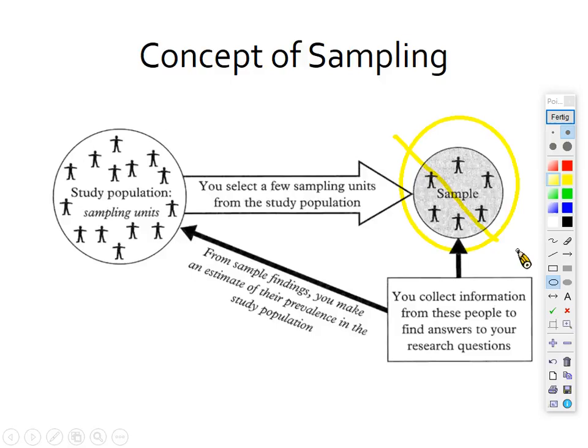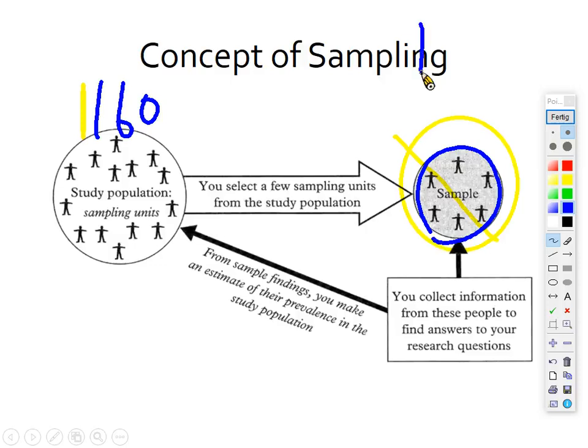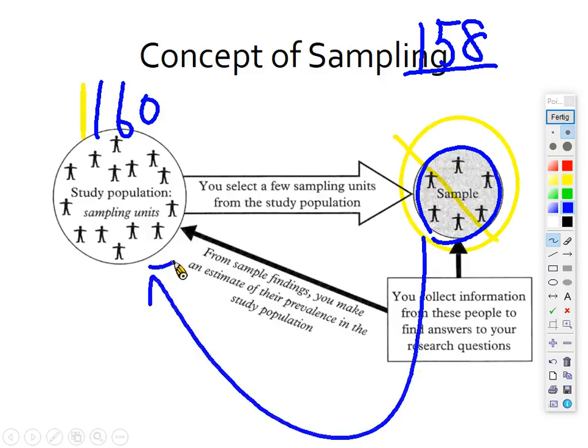For example, the average height of the 1,000 students, if we had the luck to have access to collect the height information for every student in Wenzhou, let's say is 160. 160, right? Then we select a sample. So sample 1, the average height shows 158. And we use the 158 to estimate 160, right?